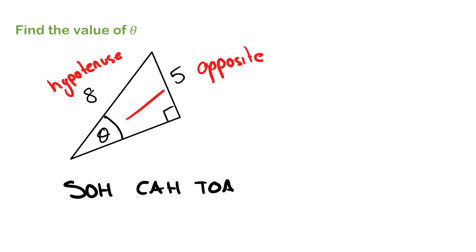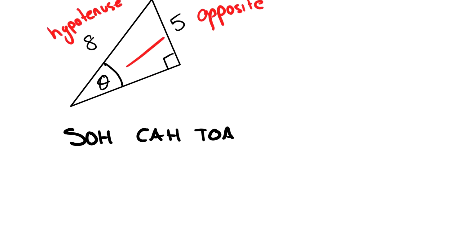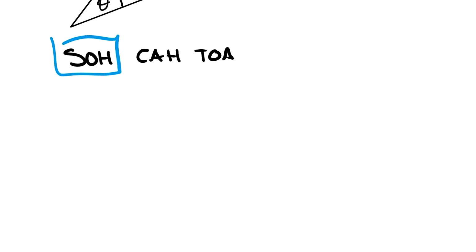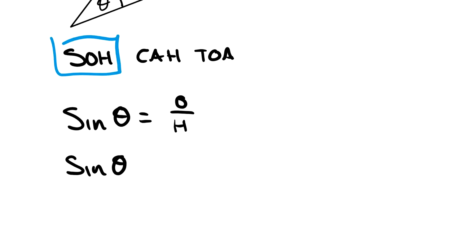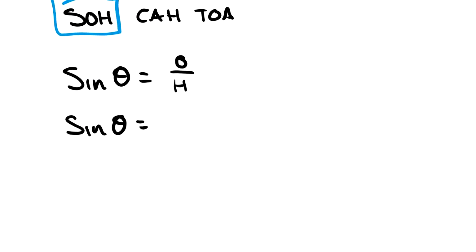SOH CAH TOA. I'm looking for one that has an O and an H, and that's going to be here, so I know I'm dealing with sine. So sine theta is going to equal opposite over hypotenuse. So sine theta is going to be 5 over 8.